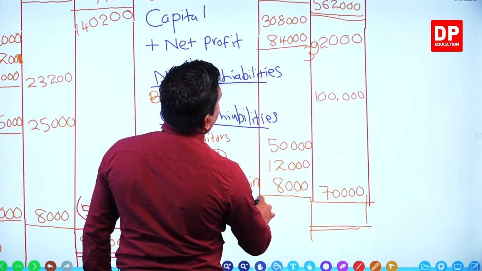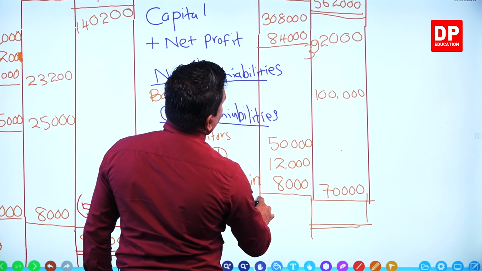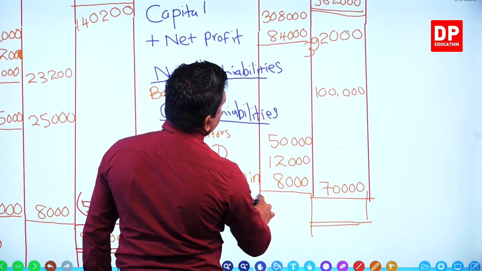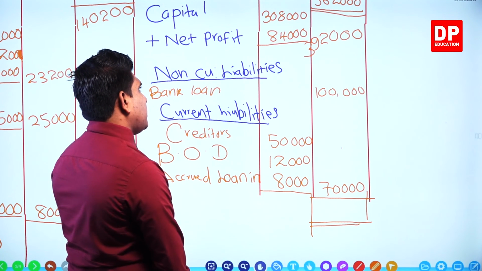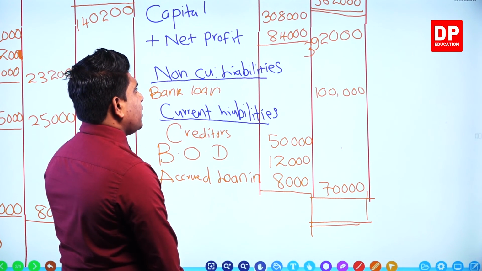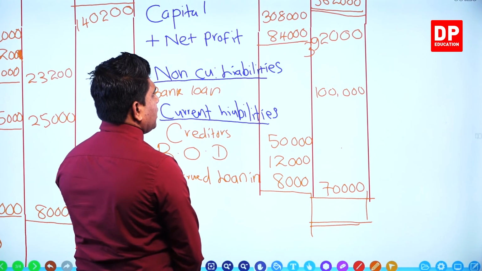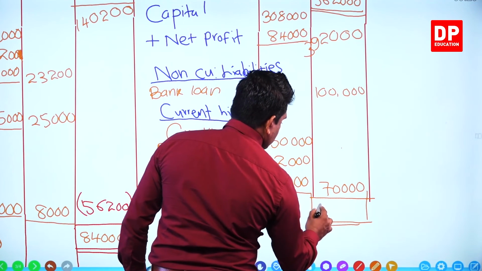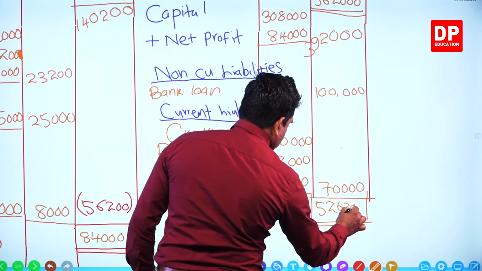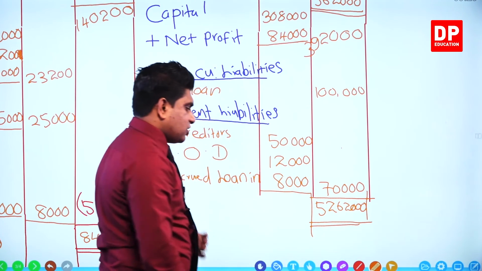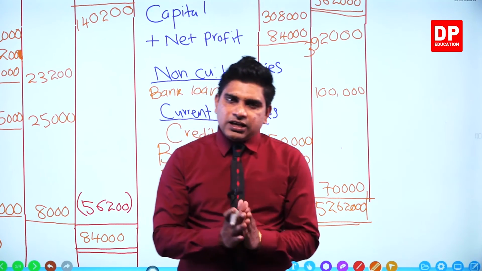How it comes? 392, then 492,000 plus 70,000. Then the same way, 562,000. Both sides are equal.